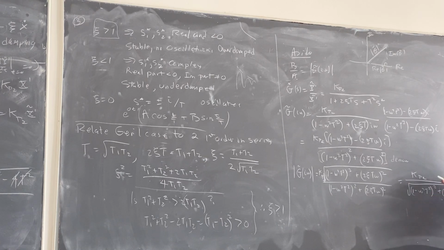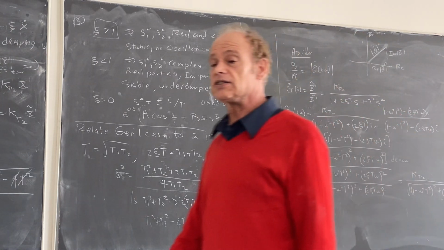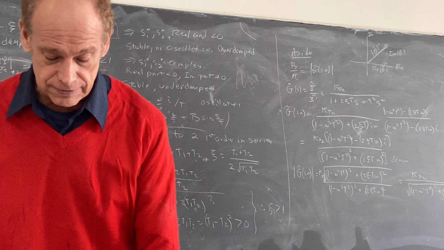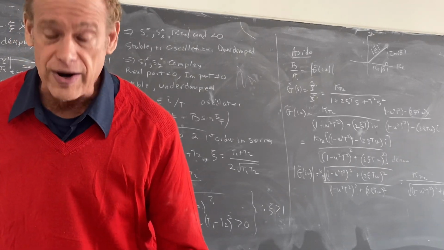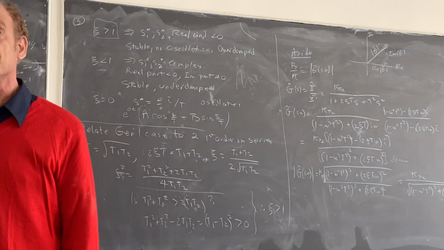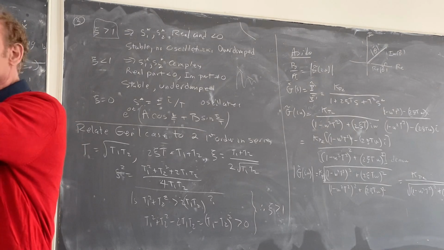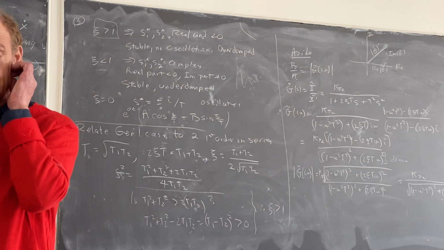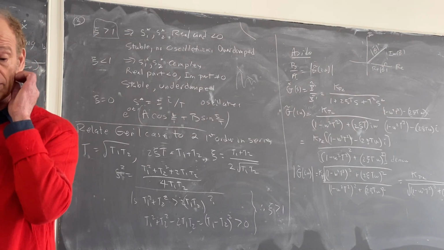So this could either be bigger or smaller than Kp2. It depends on c. So this can be either bigger or smaller or equal to Kp2. I can't distinguish because it's different for different omegas. Are there any questions on that? Can we take a picture of that blackboard so I can go on?